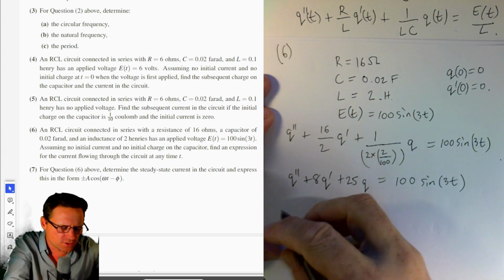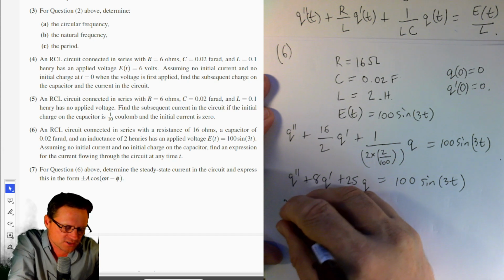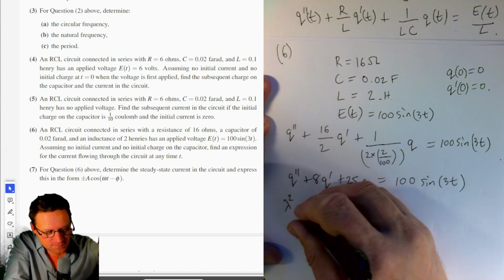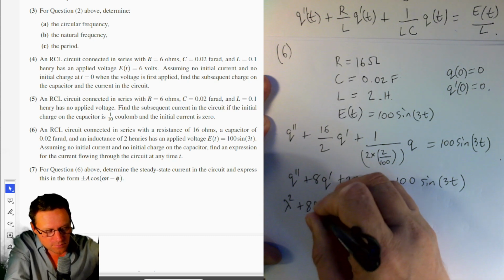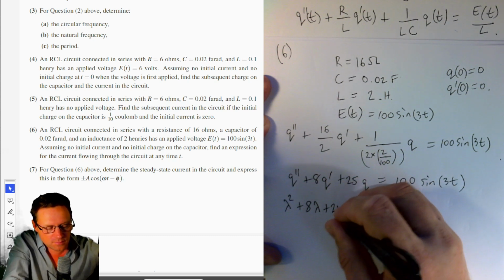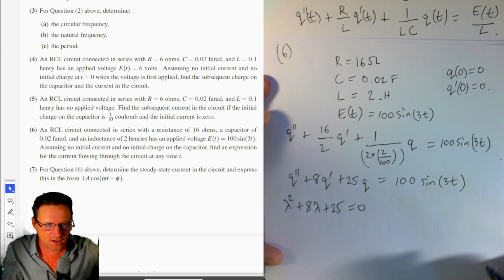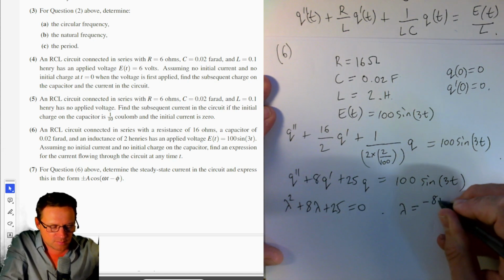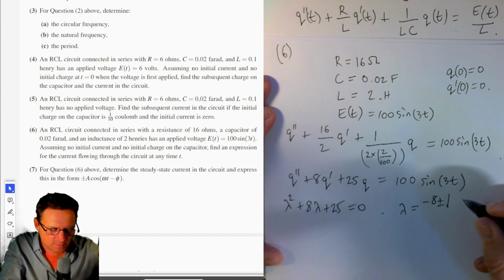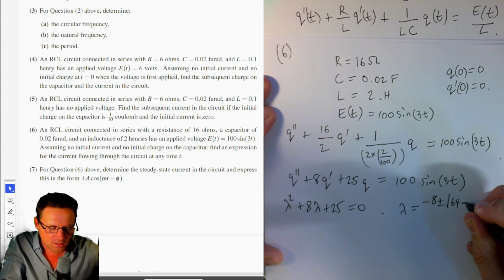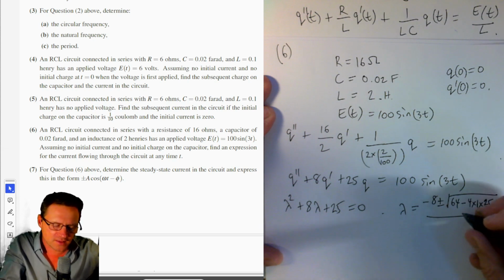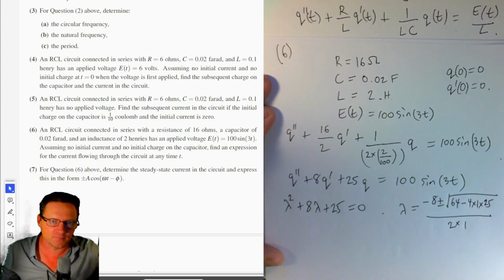So let's just use the quadratic formula in our characteristic equation to find Q homogeneous. Okay, so there's our characteristic equation, and so we write lambda is minus 8 plus or minus the square root of b squared is 64 minus 4 times 1 times 25, and that's all over 2 times 1.